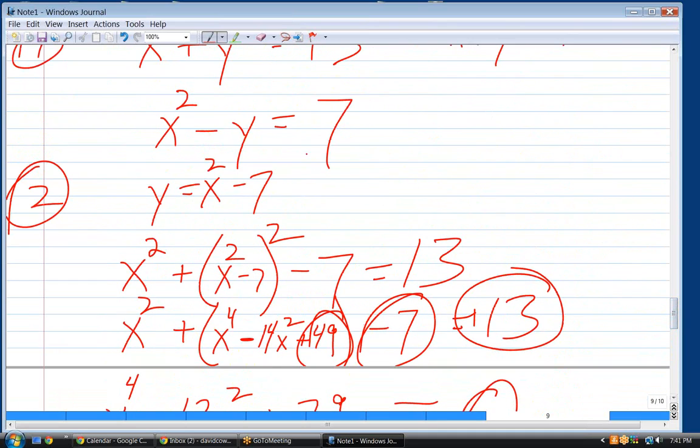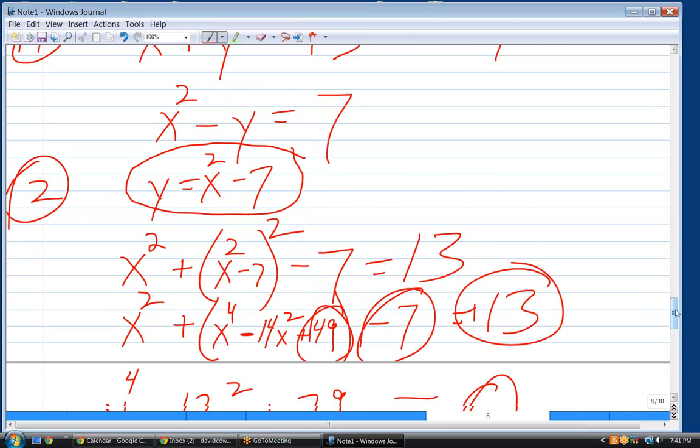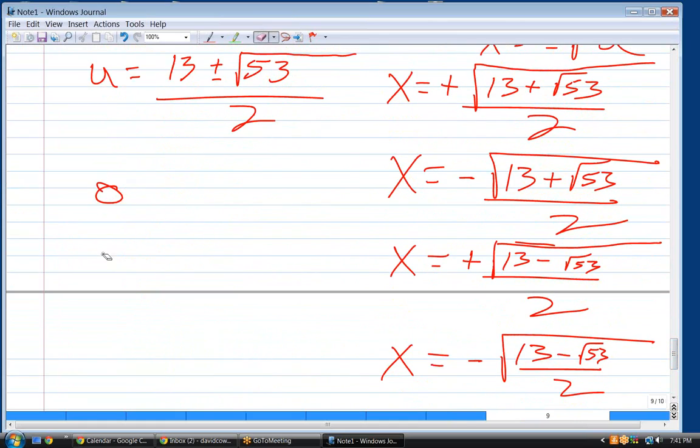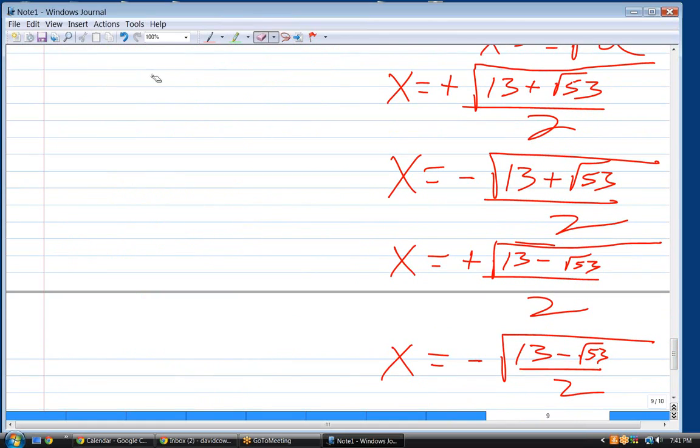How do we get y? We go back up to this equation here. y is equal to x squared minus 7. So let's erase some of this stuff. y is equal to x squared minus 7.